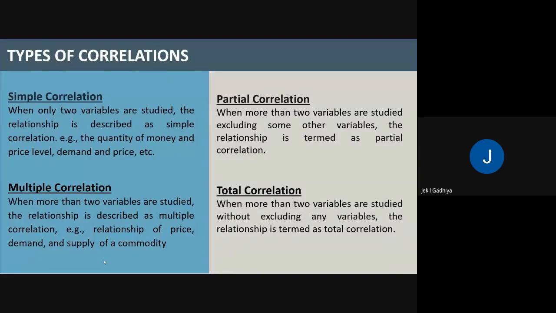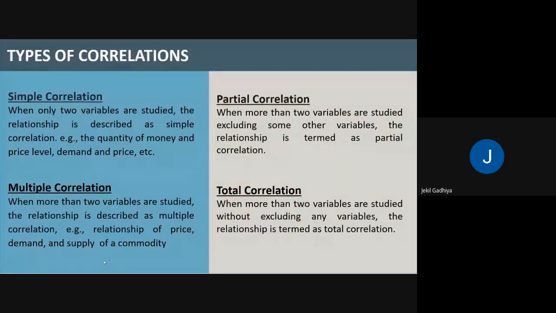And in total, when more than two variables are studied without excluding any variable, the relationship is termed a total correlation. So, what is the difference and similarity between partial and total correlationship? In both these relationships, there are more than two variables. That is the first similarity. But in partial correlation, we include only two and study the relationship between both of them.